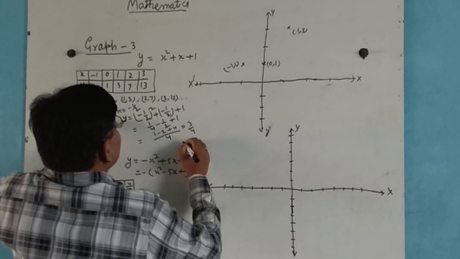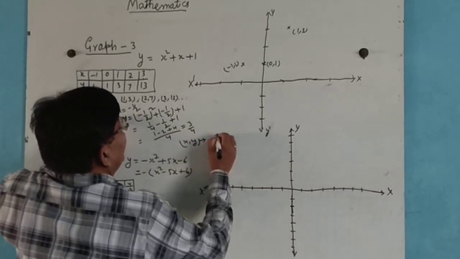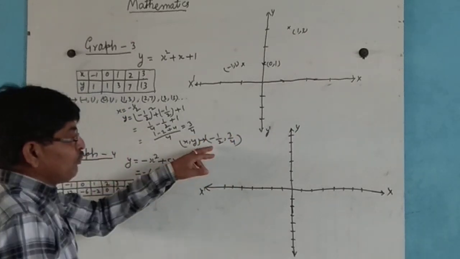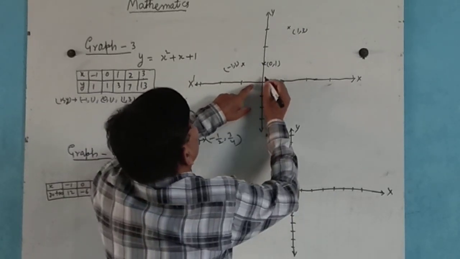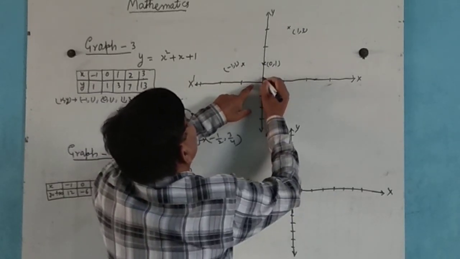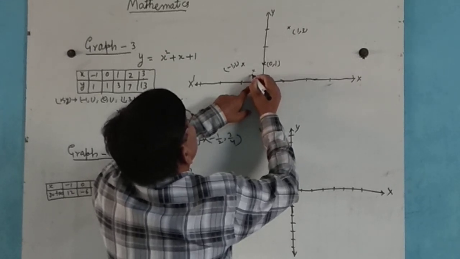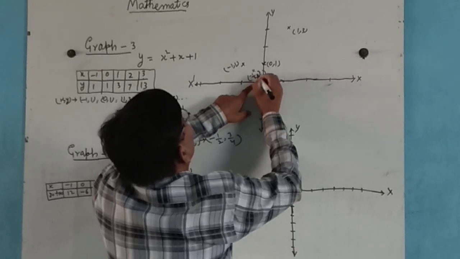It means x, y is minus half and 3 by 4, and we plot this point.